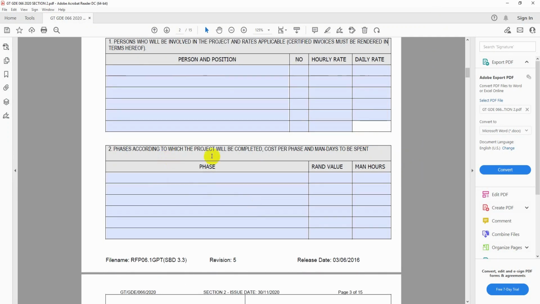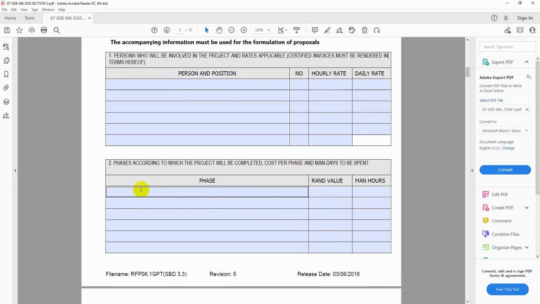And the phases to which the project will be completed, cost per phase, and man days to be spent. For this one, they just want you to supply, to install, and to maintain all those things that they wanted. So they want you to supply the consumables, the refill, the cleaning of toilets, deep cleaning of toilets, and all that.